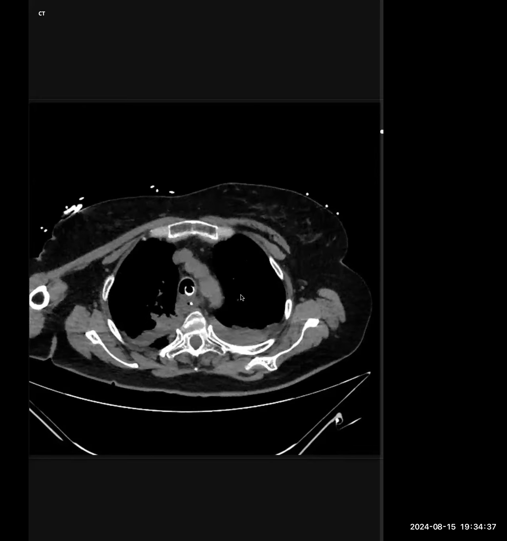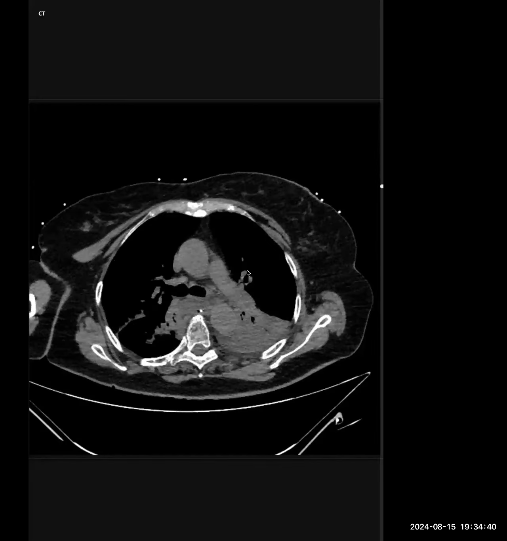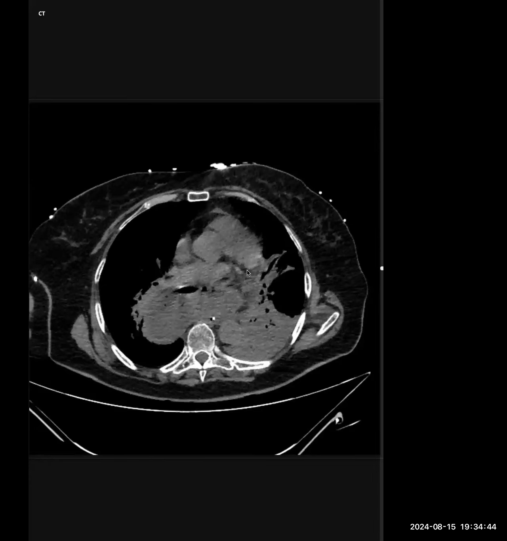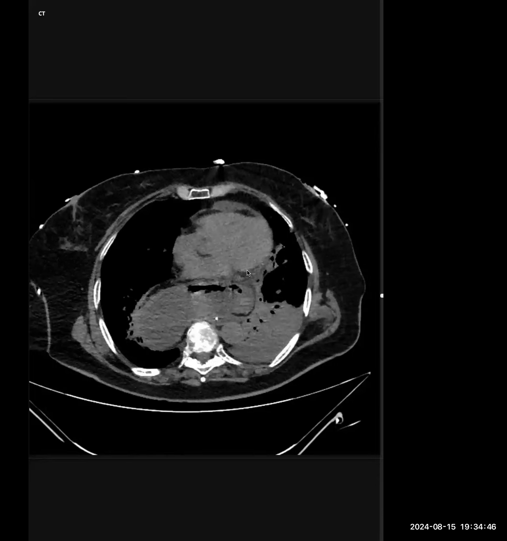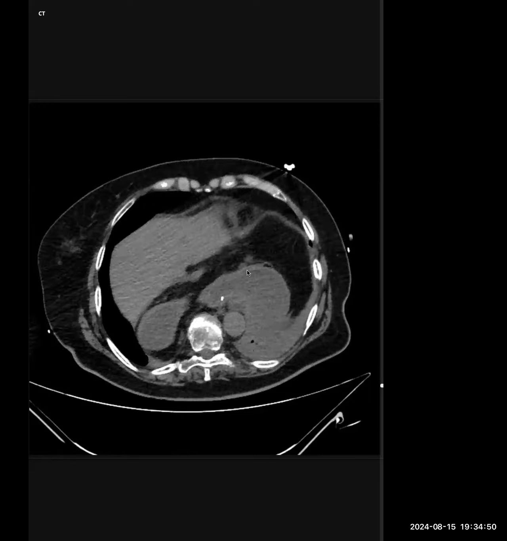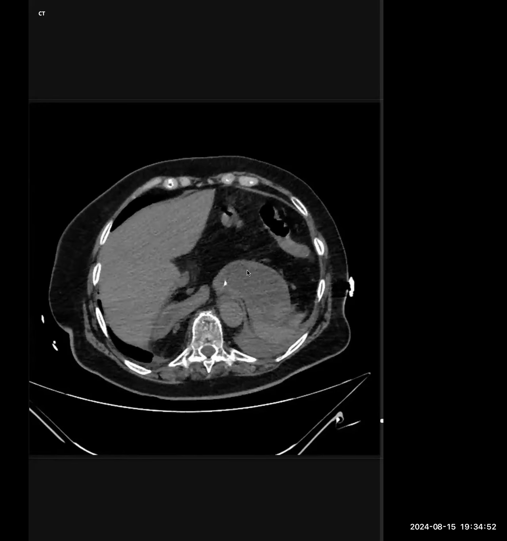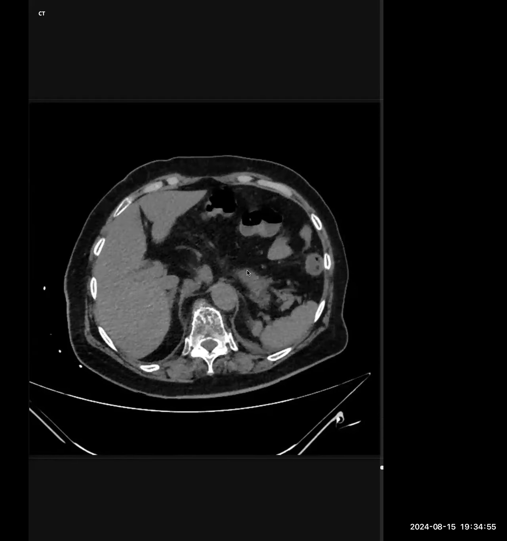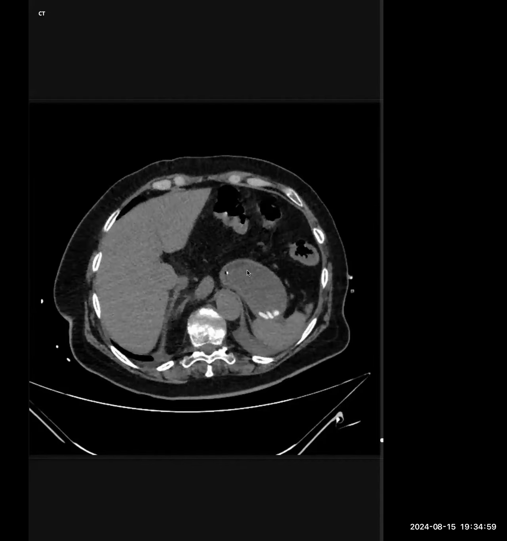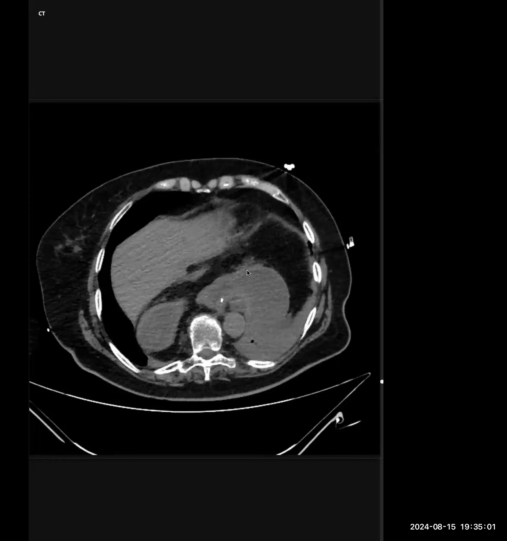Yes, sir. So I am presented with a non-contrast enhanced CT of the thorax. As you're scrolling down, I can see there are, okay, I'll scroll up again. Yes, sir. There is a left-sided pleural effusion.